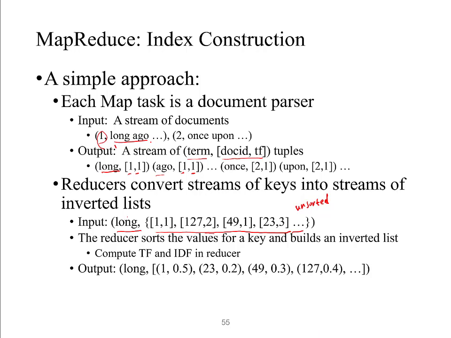Then the reducer would sort all the values from a key and build an inverted index, right? So the computation of TF and IDF would be in the reducer, right? And then the output would be a term and a list of pairs of document ID and TF IDF weight as the final output.